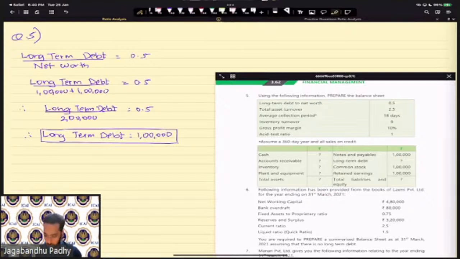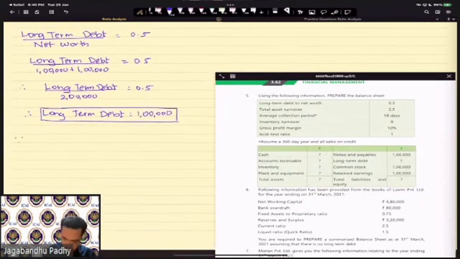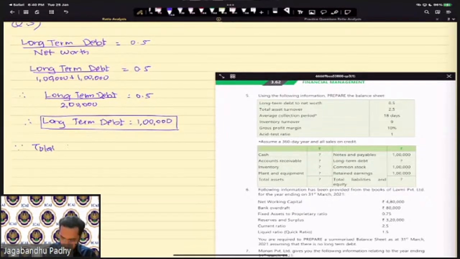Now, going for the next one, total asset turnover is 2.5. Now, what is total assets? Total assets will be the total of all these 4 items. And we know as a basic fundamental rule, total assets should be equal to total liabilities.